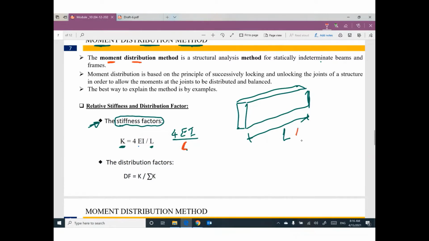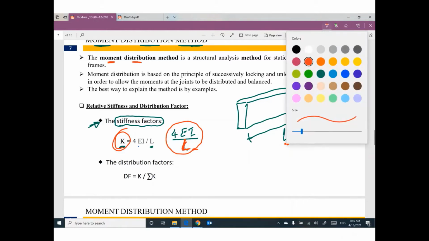If you have a longer beam, you will have a weaker beam. That makes sense? That makes sense. If you have a longer L at the denominator, the value of the K stiffness factor will be smaller for longer L. Smaller K means weaker beam.